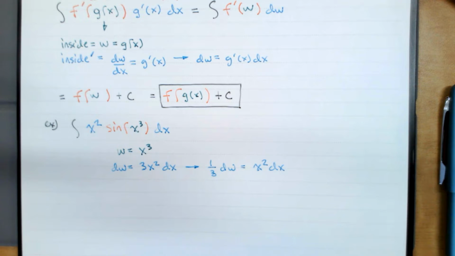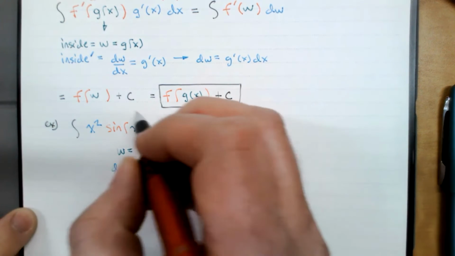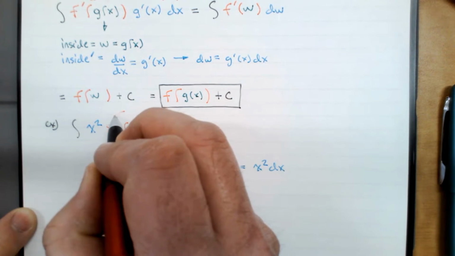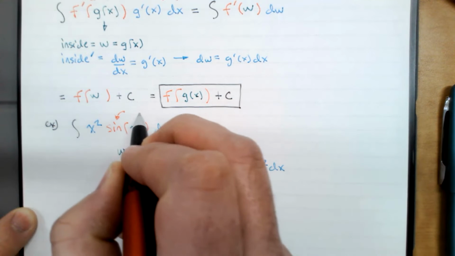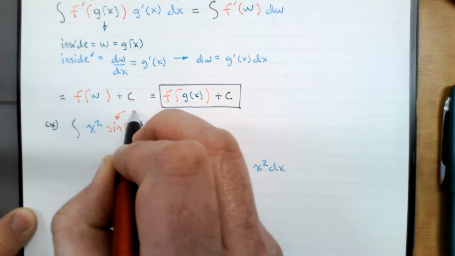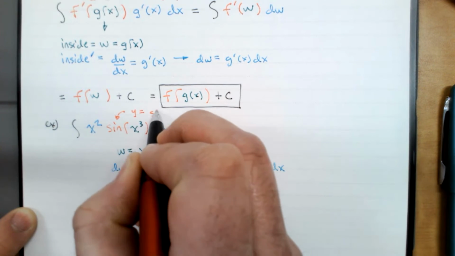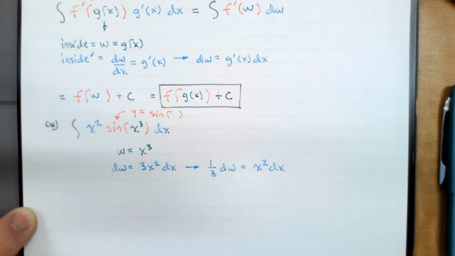Now I can start making my substitutions. Oh, there's one more thing that we should do. Since we're new, we should say, well, if I make this substitution, this x squared and the dx is going to be replaced with a third dw. What's left is sine, which is going to be the outside function. So what we're actually integrating here is sine of w.